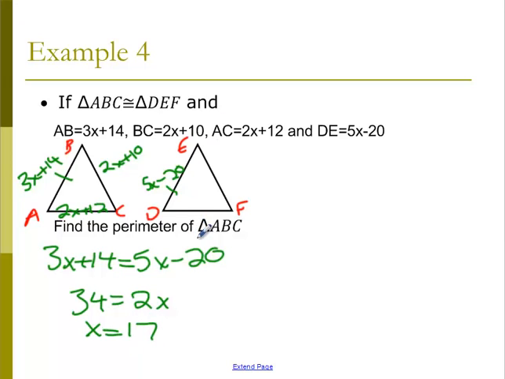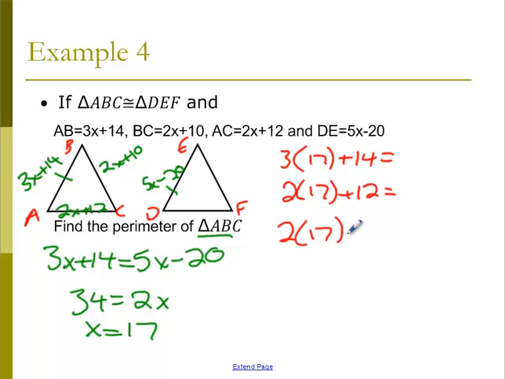Now, the question asks, find the perimeter of ABC. Well, the perimeter is all the sides added together. I need to plug everything in. So I'm going to take 17, plug it into each one. 2 times 17 plus 12, and 2 times 17 plus 10.